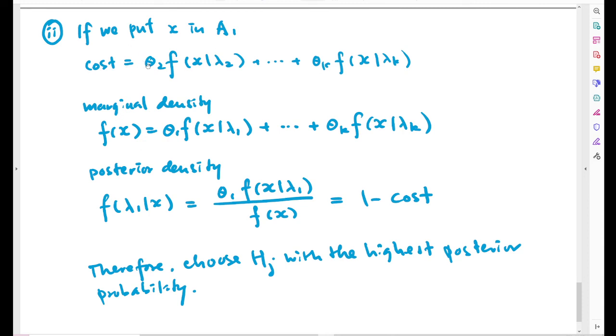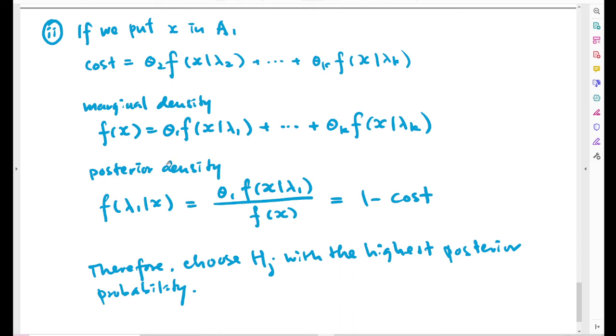The cost of making a mistake is theta 2 times f(x | lambda 2) plus dot dot dot up to theta k times f(x | lambda k). This is the cost. Then I define the marginal density, and we calculate the posterior density. Similarly, we put x in the region where the cost is lowest, right?